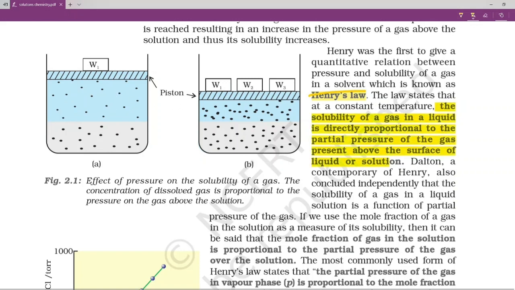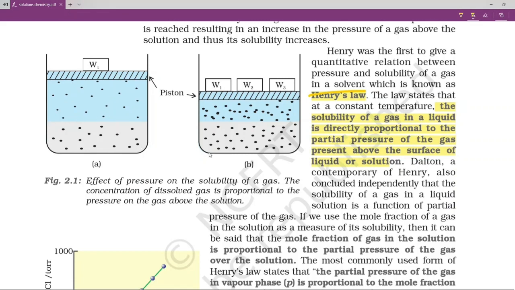Henry's law says that if this is the gas present over this liquid, then if we increase the weight over this piston, the solubility of this gas inside this liquid will increase. And Henry's law says that the extent to which this gas will dissolve in this liquid will depend upon the partial pressure of this gas.